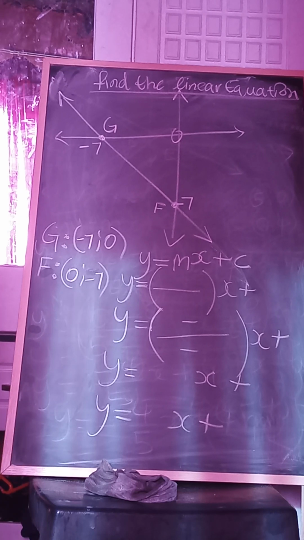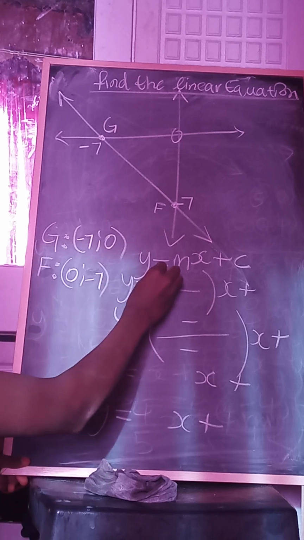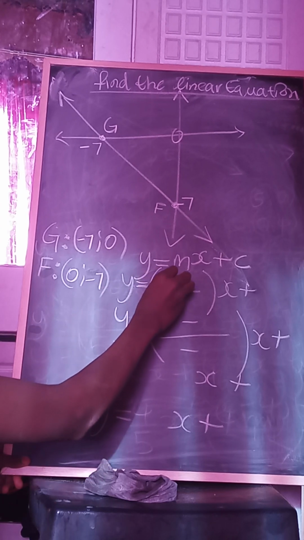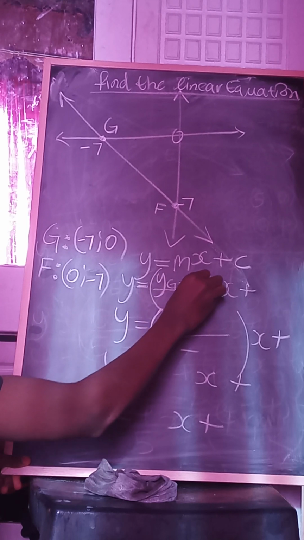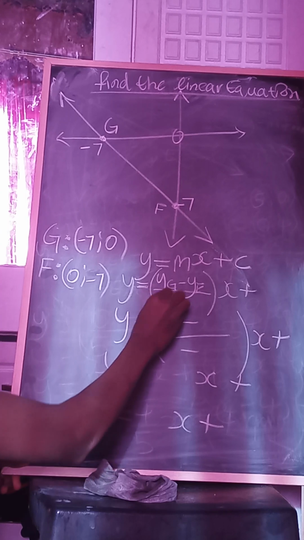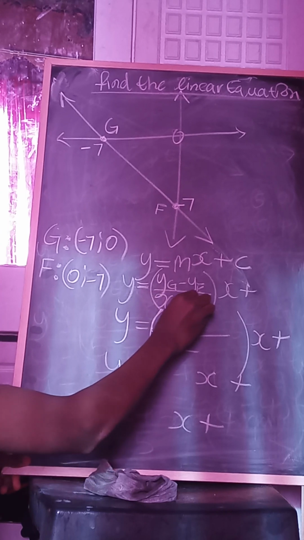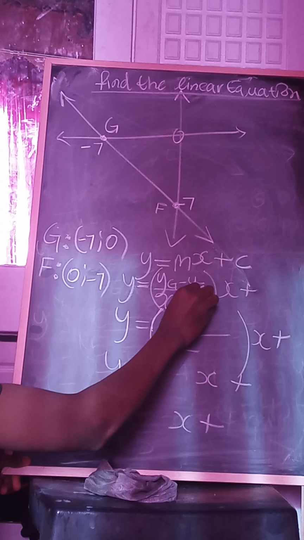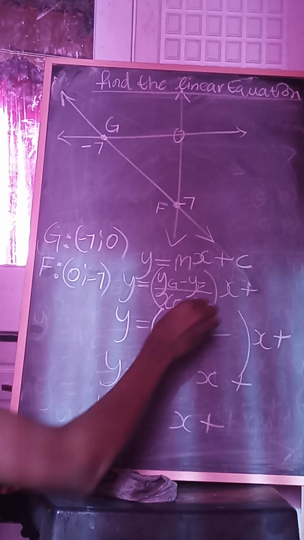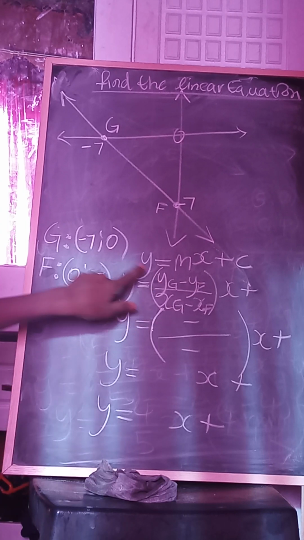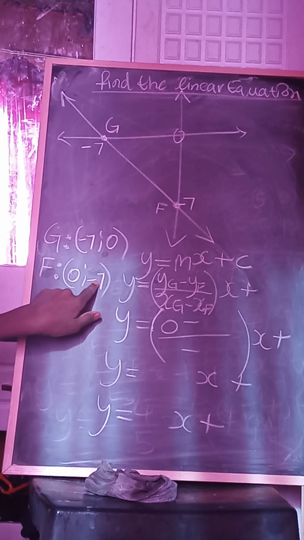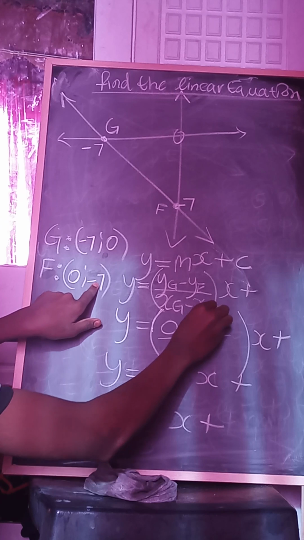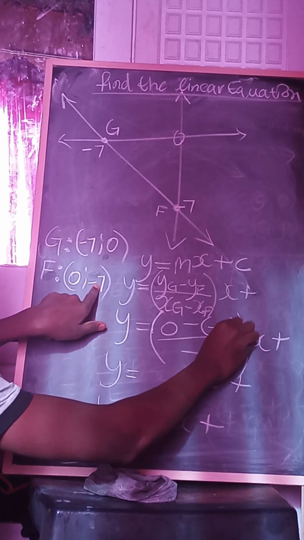Then you'll say y_G minus y_F over x_G minus x_F. What is the y for G? The y for G is 0, and what is the y for F? It's -7.